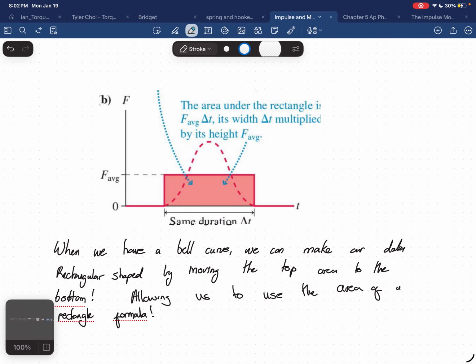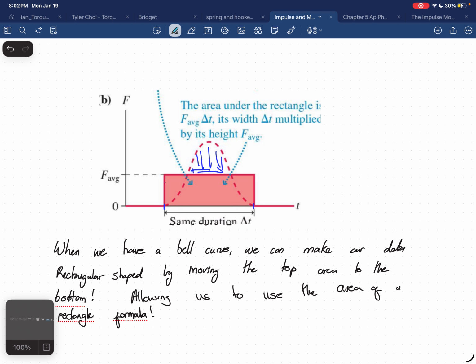I want to write it once more because I think that would promote retention. Anyway, the area under the bell curve can be made to seem like a rectangle instead of a bell. Like you see, we can take the area that was atop the bell curve and bring it down while still keeping the same time constraints it had.